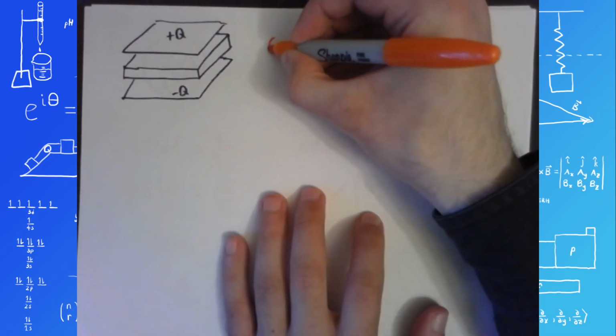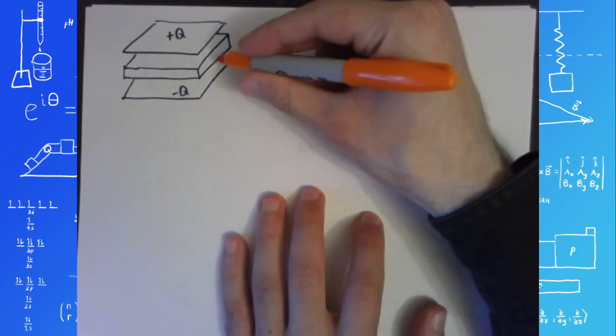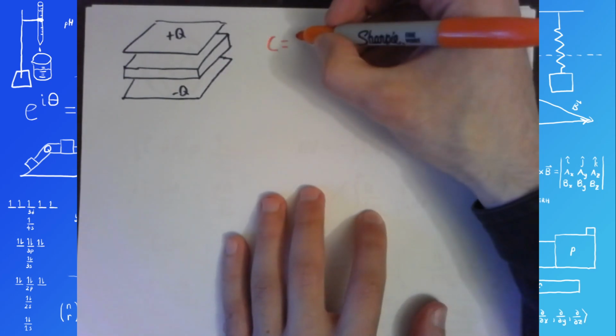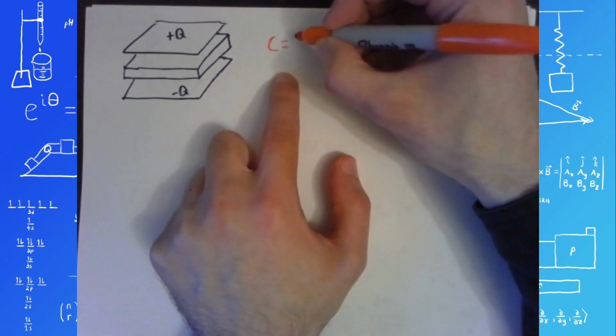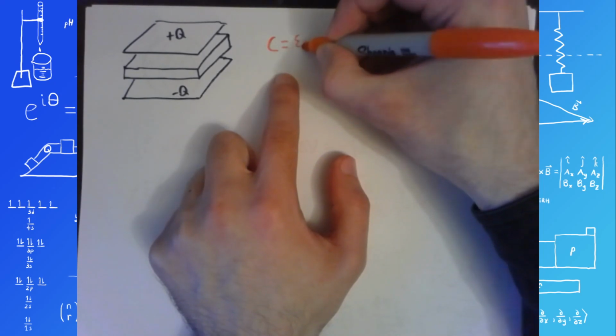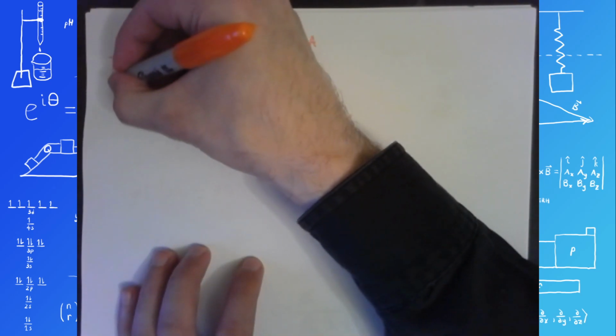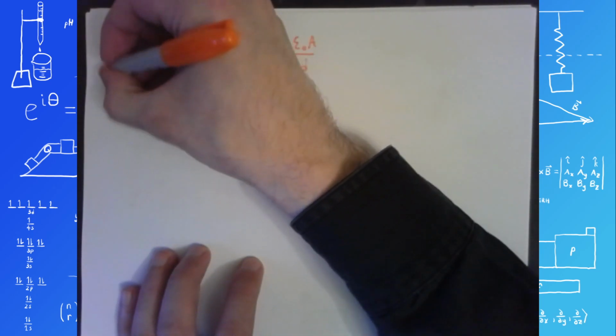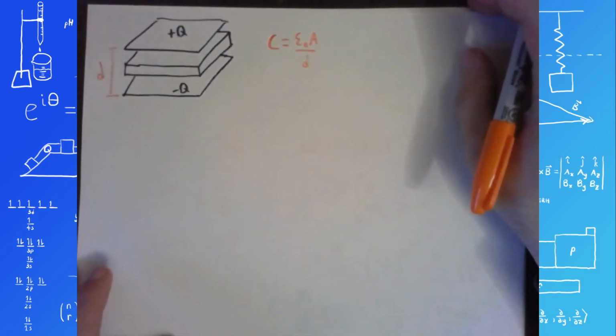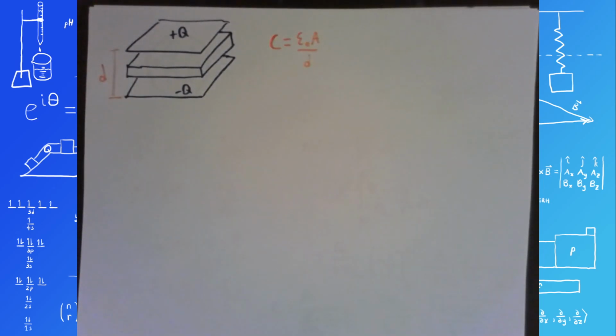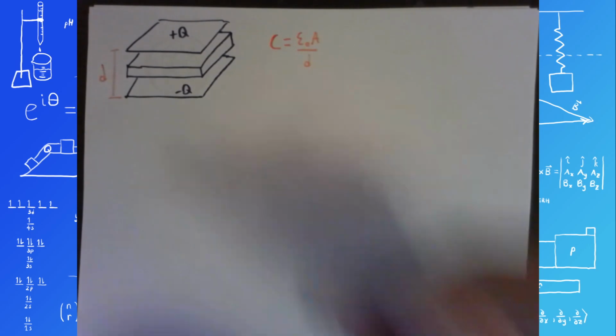If we remember from earlier, capacitance for a parallel plate capacitor is epsilon naught A over D, where D is the distance between the two plates. But this time we've got a conductor sitting in between them, so this changes things a little bit.